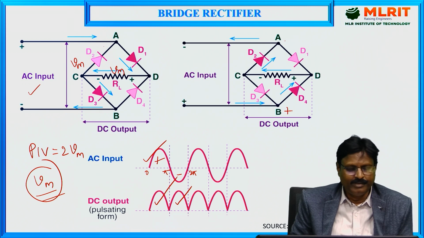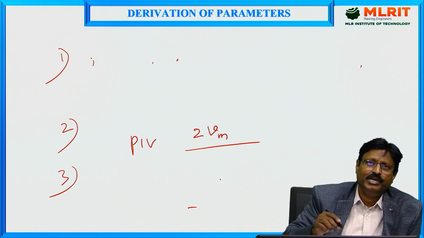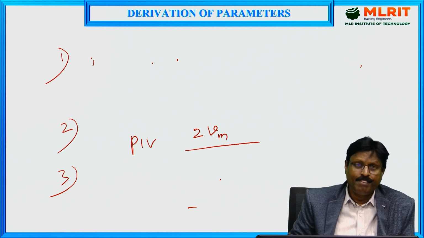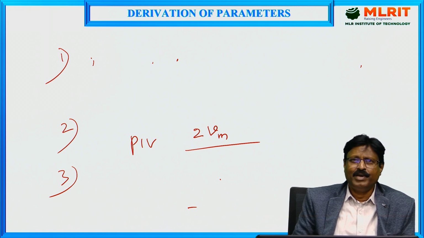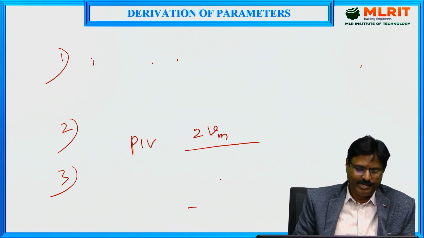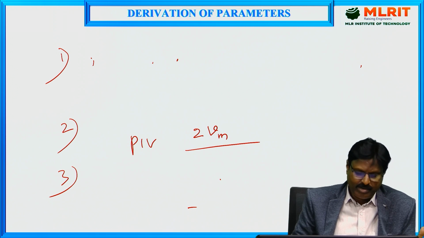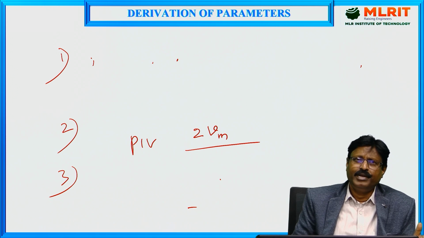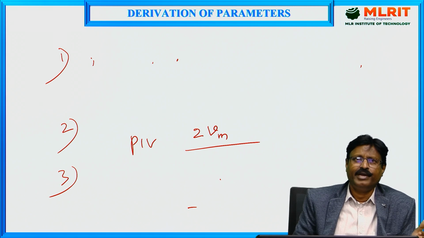Okay, all the parameters are over. First, we discussed how to derive the ripple factor, which is the same as the full wave rectifier. Second, the rectifier efficiency, which is also the same. Third, we derived the TUF, which will be different here; we got it as 0.816.